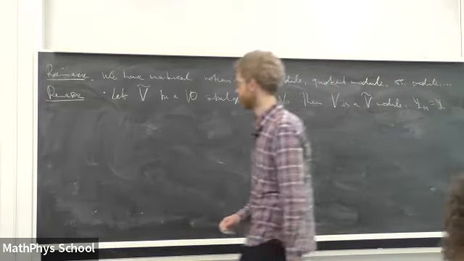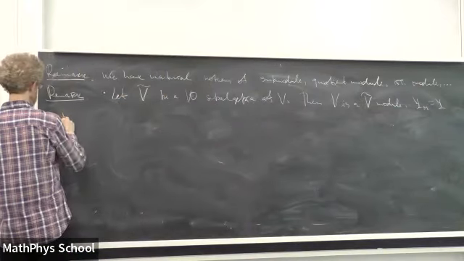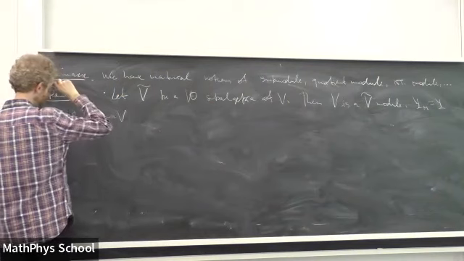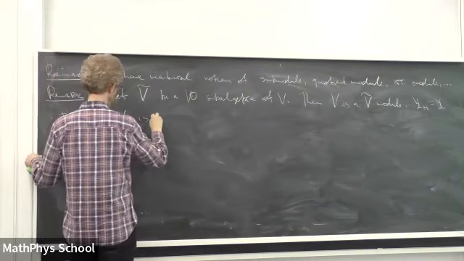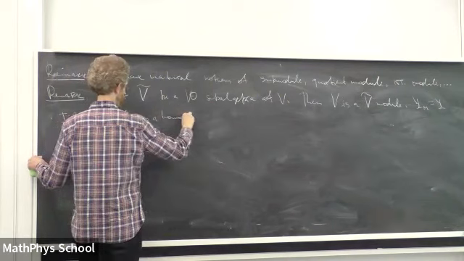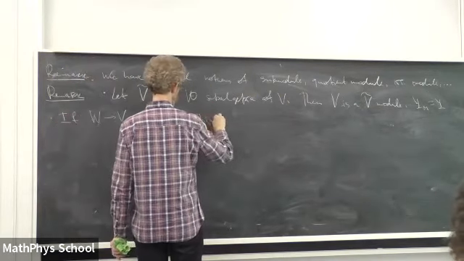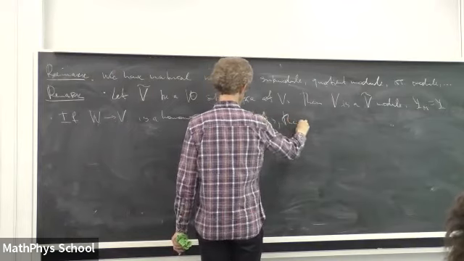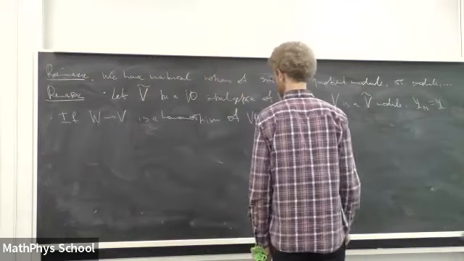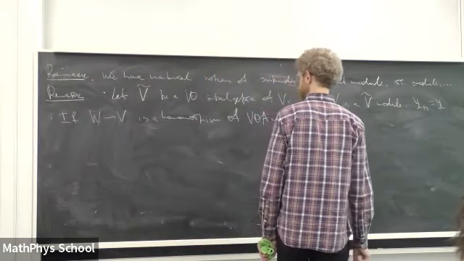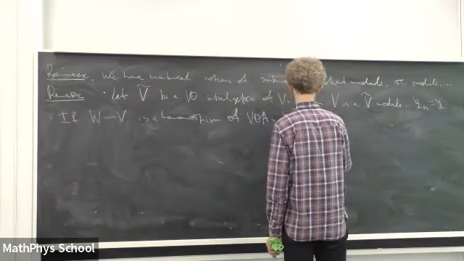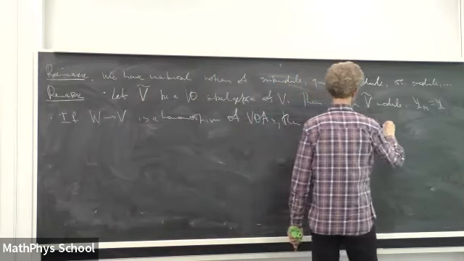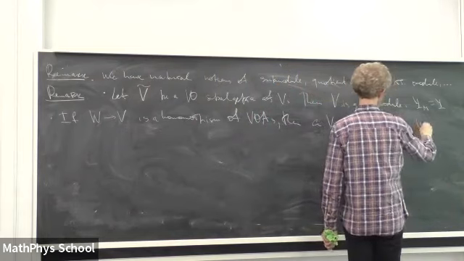And another thing is that, if W to V is a homomorphism of vertex operator algebras, then a V module becomes a W module.